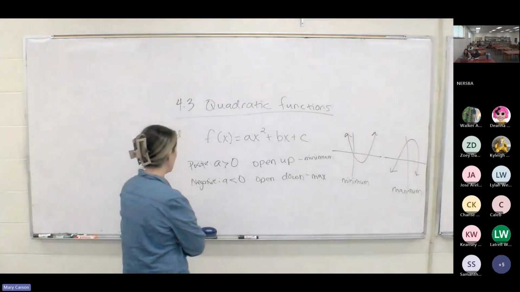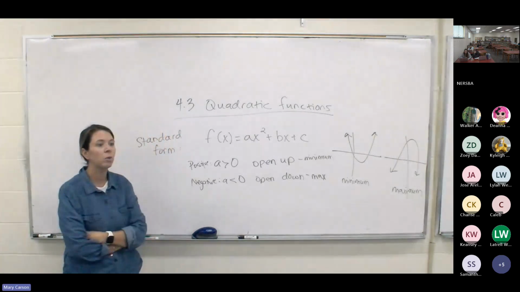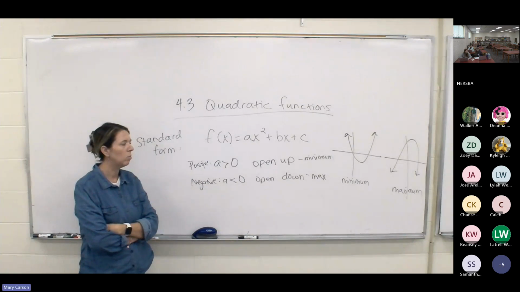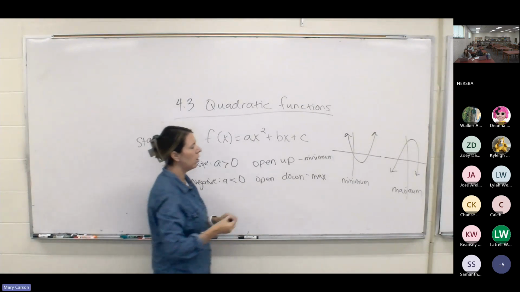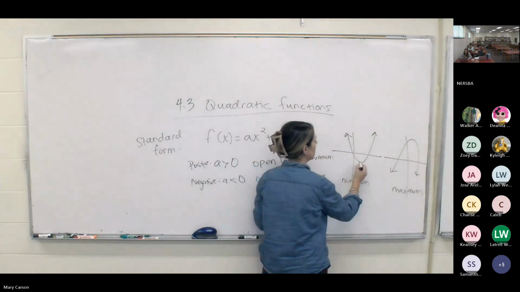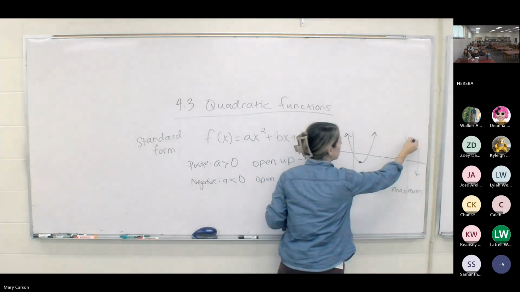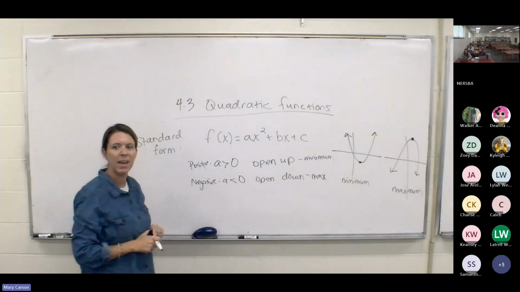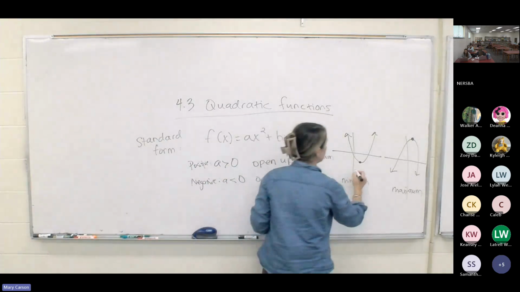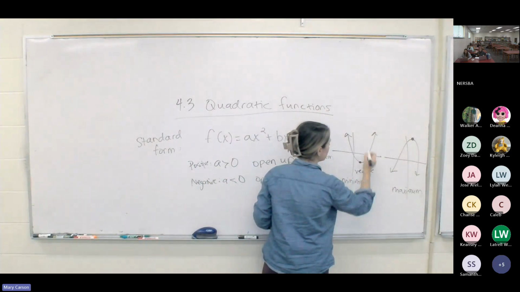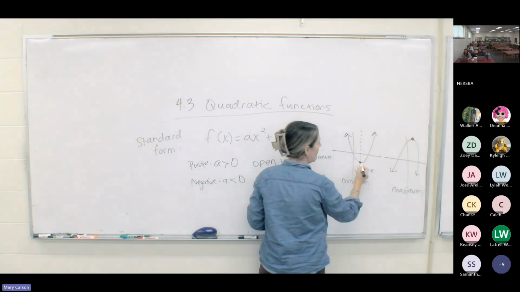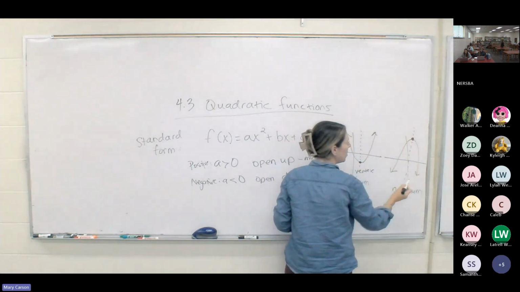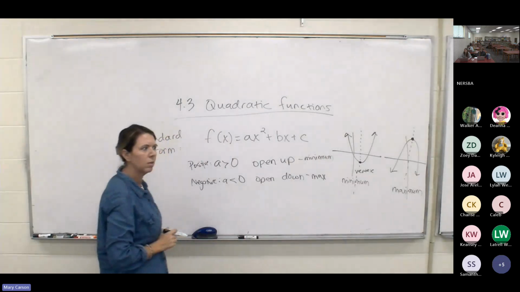All right, the next thing we're going to talk about is, well, what is this point called? Do we remember this? Here and here. What is that point? Yes, Chance, it's called the vertex. And in the vertex, there's actually this invisible line that cuts your parabola in half. Does anybody remember what that invisible line's called?